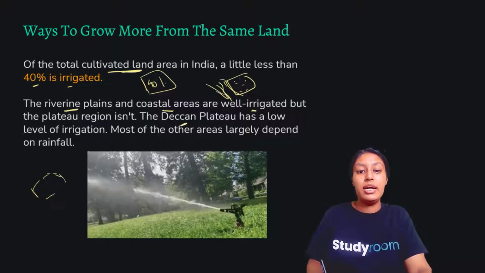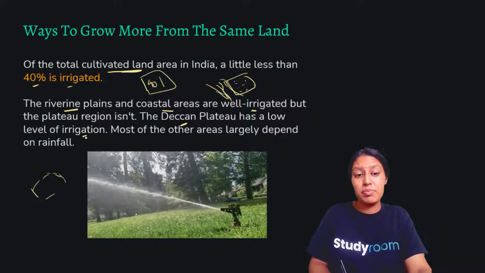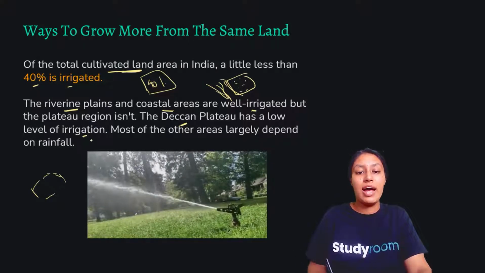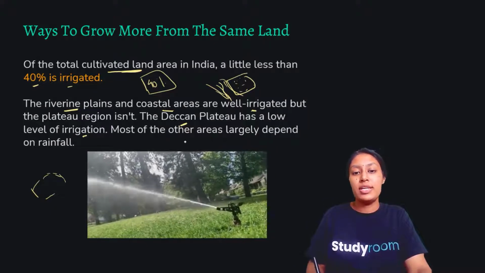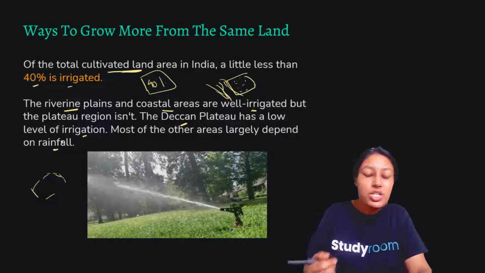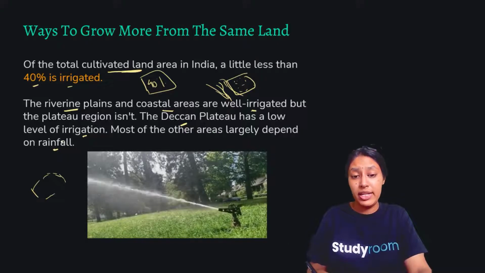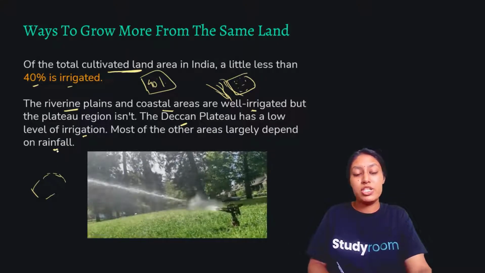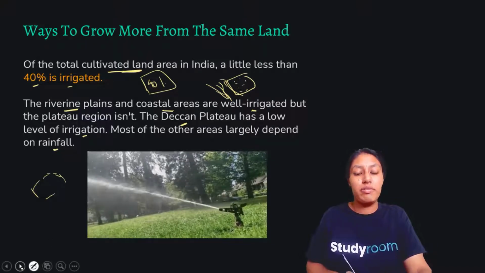The Deccan Plateau has the lowest level of irrigation because water supply is very less there. Most other areas largely depend upon rainfall. For irrigation in our country, many villages depend upon rainfall because the irrigation system is not developed there.